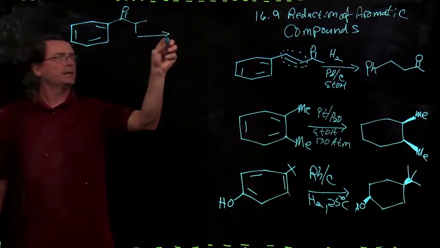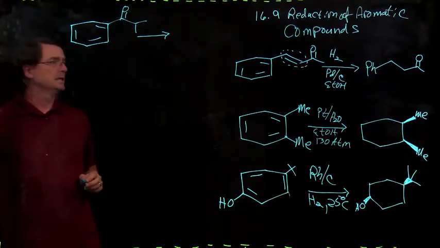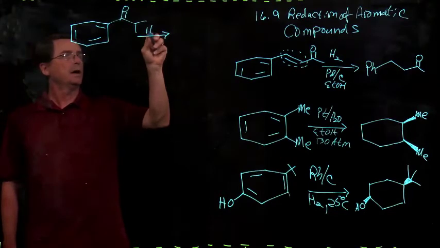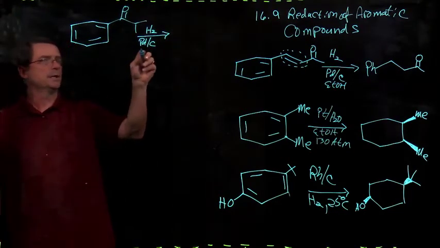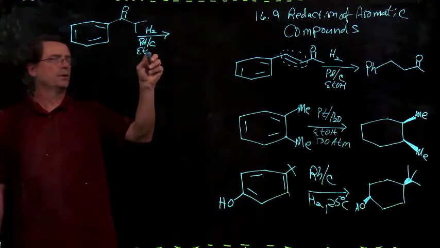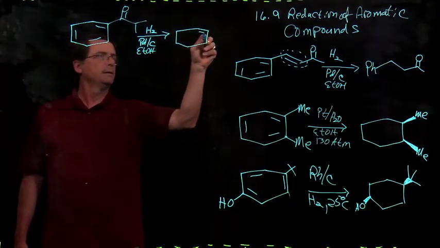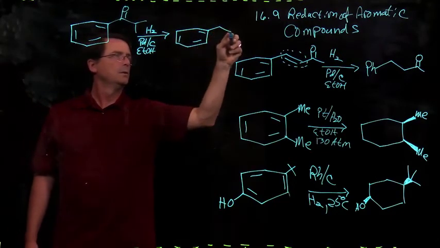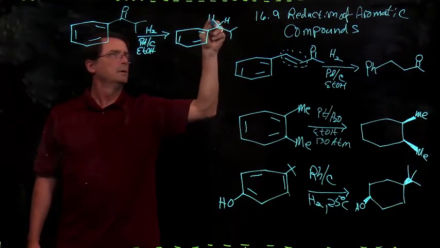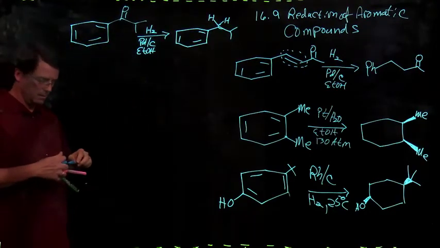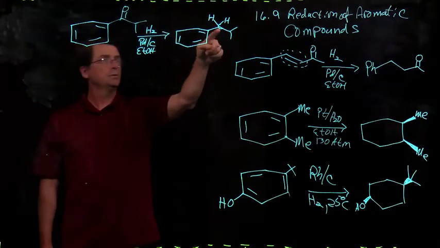If we react these benzylic carbonyls, particularly ketones, with hydrogen and palladium on carbon, typically it's with an ethanol or methanol solvent, it actually will reduce that benzylic carbonyl all the way to a CH2 group.